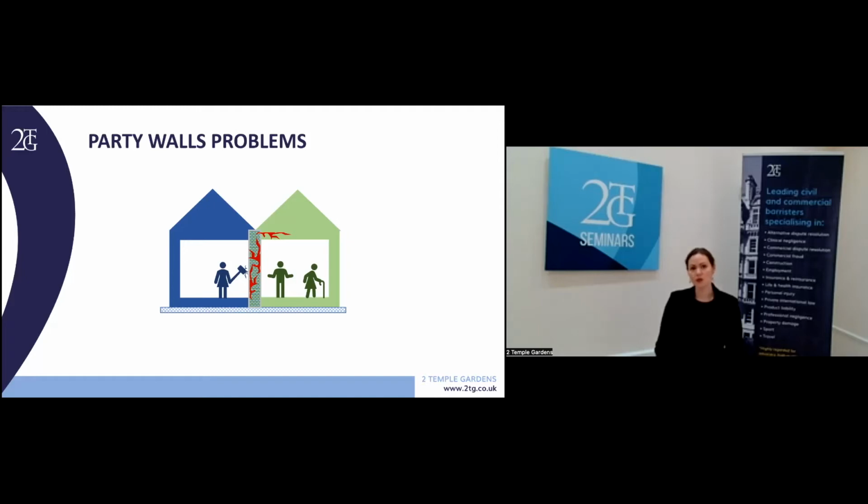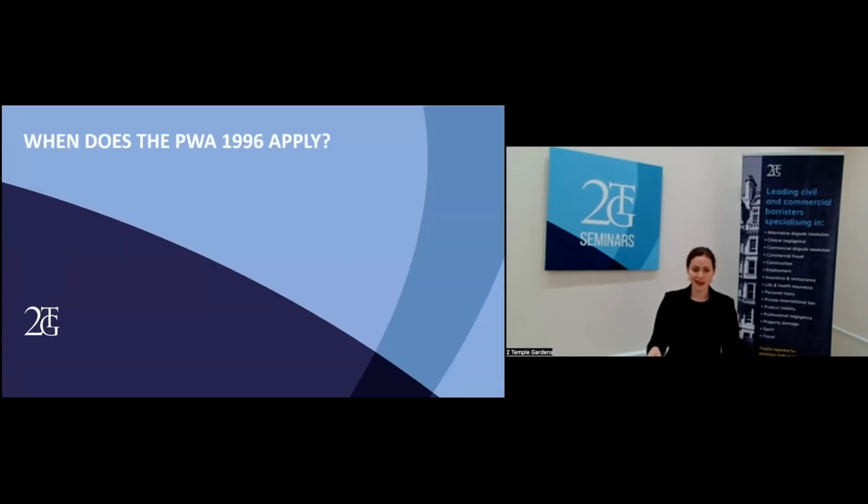Now, these rules permit landowners to carry out works that would otherwise be a trespass or a nuisance by providing them with a statutory defence to civil claims. But it also puts in place systems to ensure that the interests of nearby owners are protected and any disputes are dealt with as efficiently and swiftly as possible. So that's our context.